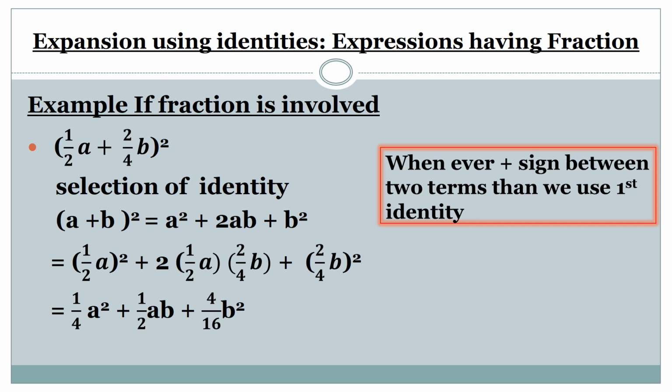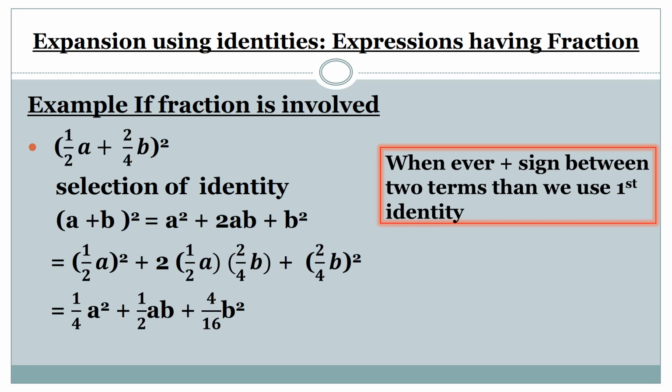The procedure is the same. You take the square of the first term, then the square of the second term, plus 2 into ab. The main thing students must remember, the most common mistake of students, is that when they take the square of a fraction, they take the square of either the denominator or the numerator.